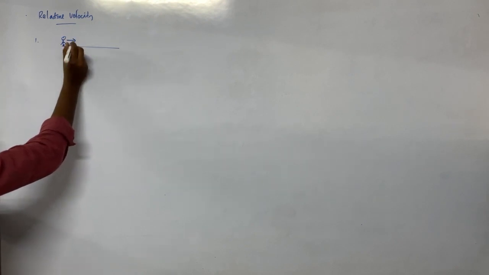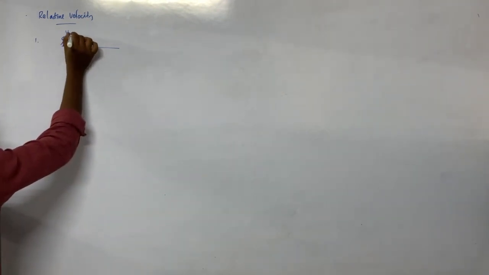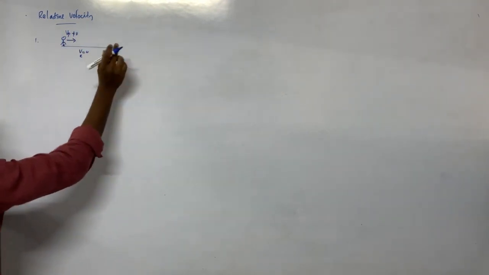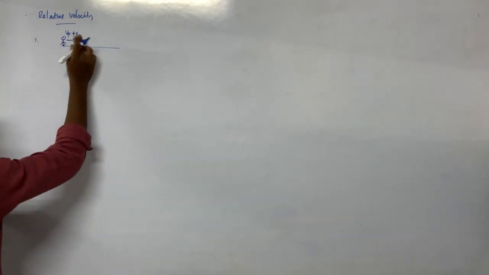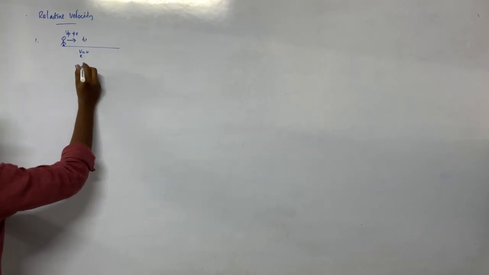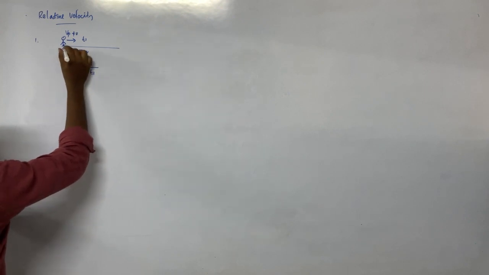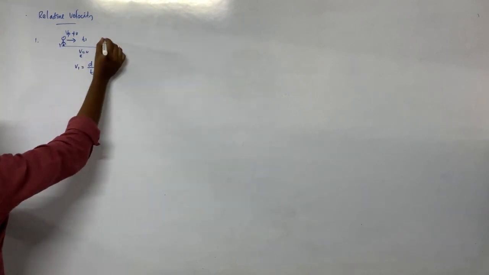If Preeti is only walking, V escalator is equal to 0, so V Preeti is not equal to 0. She is moving, okay? Then she is taking time t1. So I can say that V1 is equal to D divided by t1. How much is D? D is this distance D.